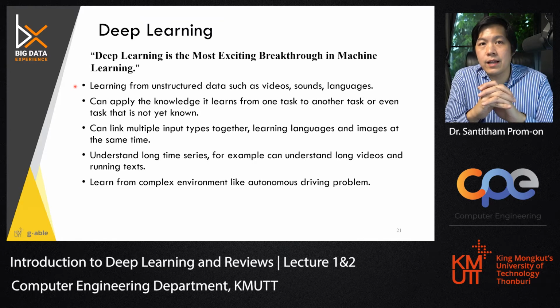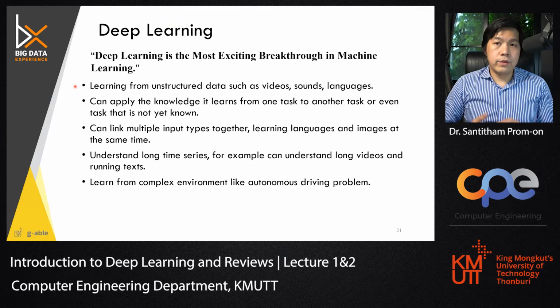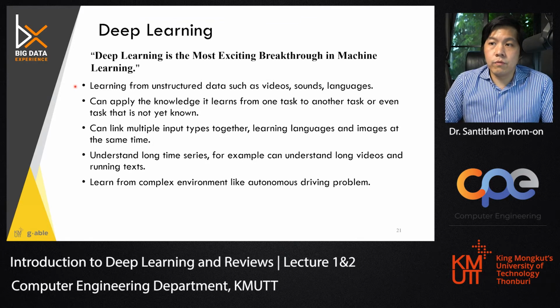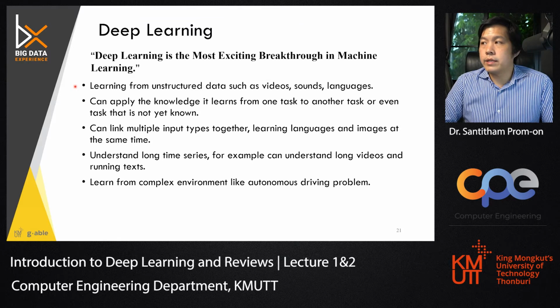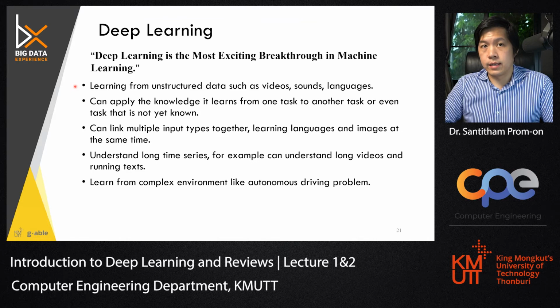If you have structured data, you had better use general machine learning like decision trees, random forests, or gradient boosting. But when you have unstructured data, those machine learning techniques struggle to beat deep learning techniques. Why is that? Because there is one essential thing that deep learning can do, which is to extract features automatically. That's why it is good for unstructured data.